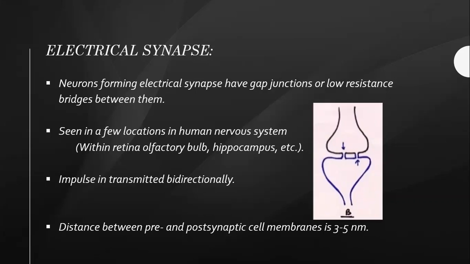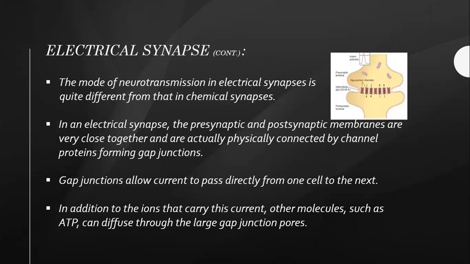In this mode of transmission, the impulse can travel bidirectionally, and the distance between the pre and the postsynaptic cell membrane is 3 to 5 nanometers, which is very less compared to the chemical synapse. Here, the mode of transmission in electrical synapse is quite different from the chemical synapse.